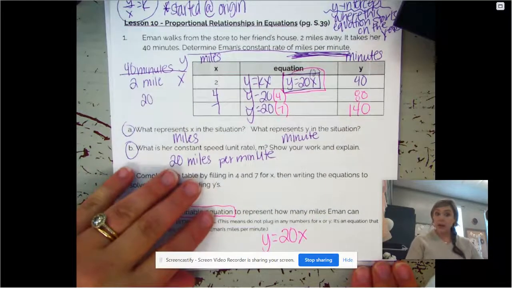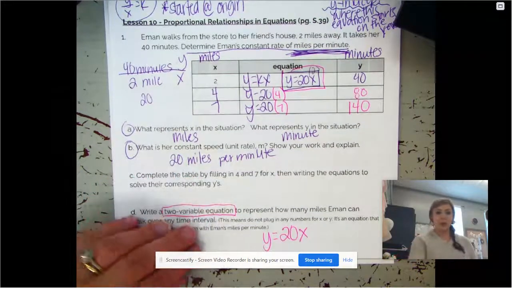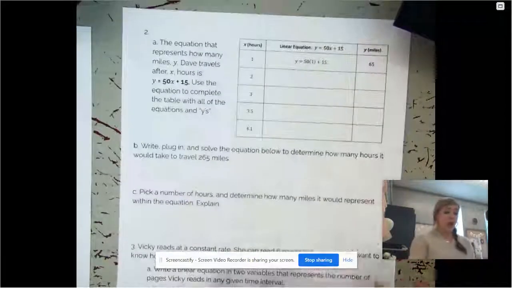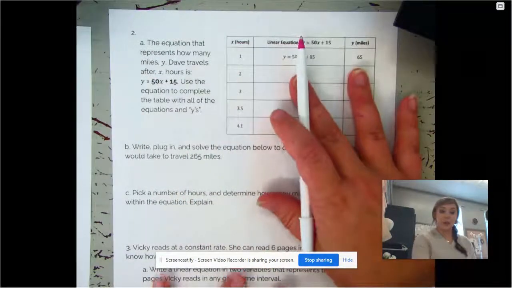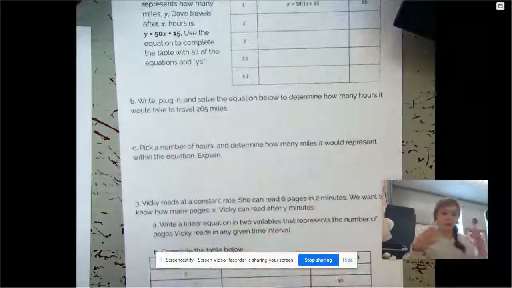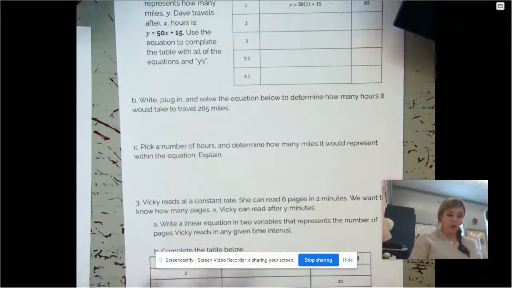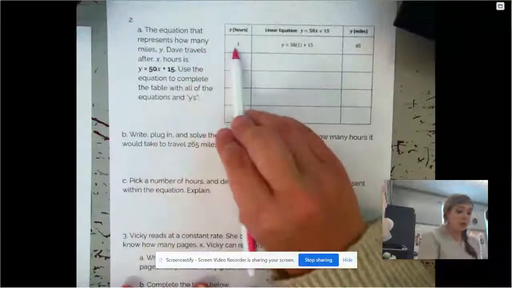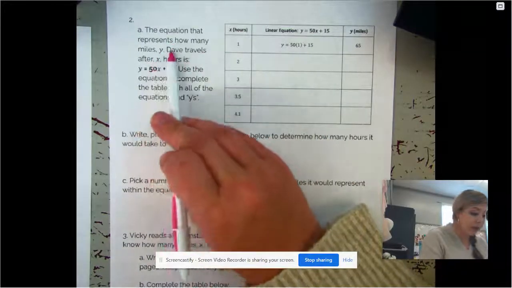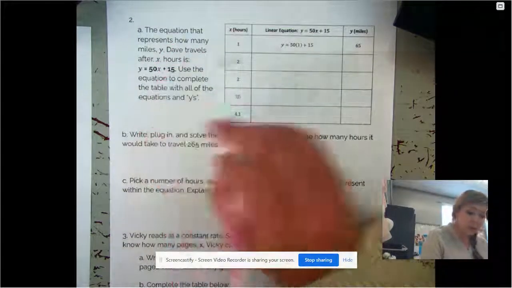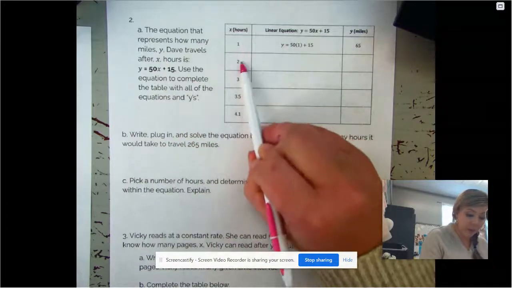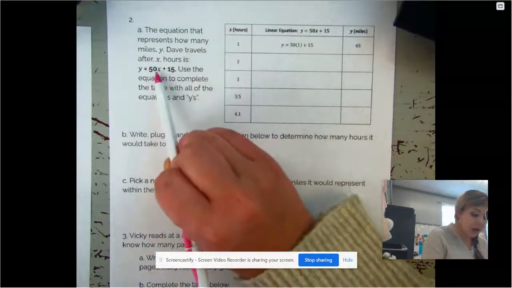If you notice on the next page, of course, pause as needed if you're not done copying. But on the next page, you still see that this is kind of getting into the 8th grade one. And then we kind of have more of a 7th grade one for you to complete on your own. If you notice this one, this talks about how Dave travels at x hours. So you're just going to plug in for any number of hours times 50.